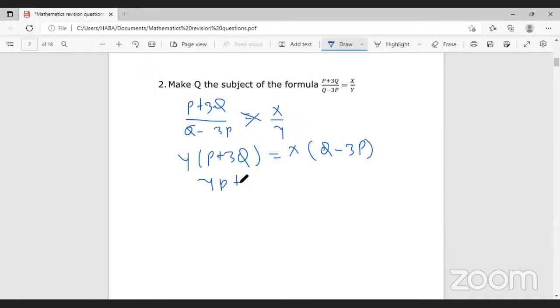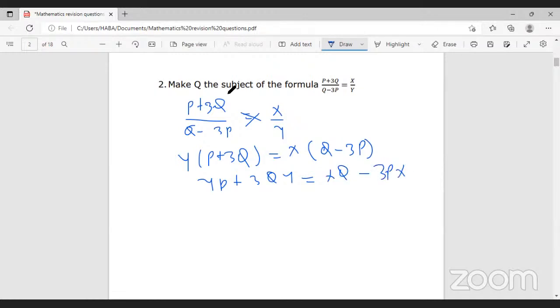Then y times 3q is 3qy. x times q is xq. Then x times 3p is minus 3px.